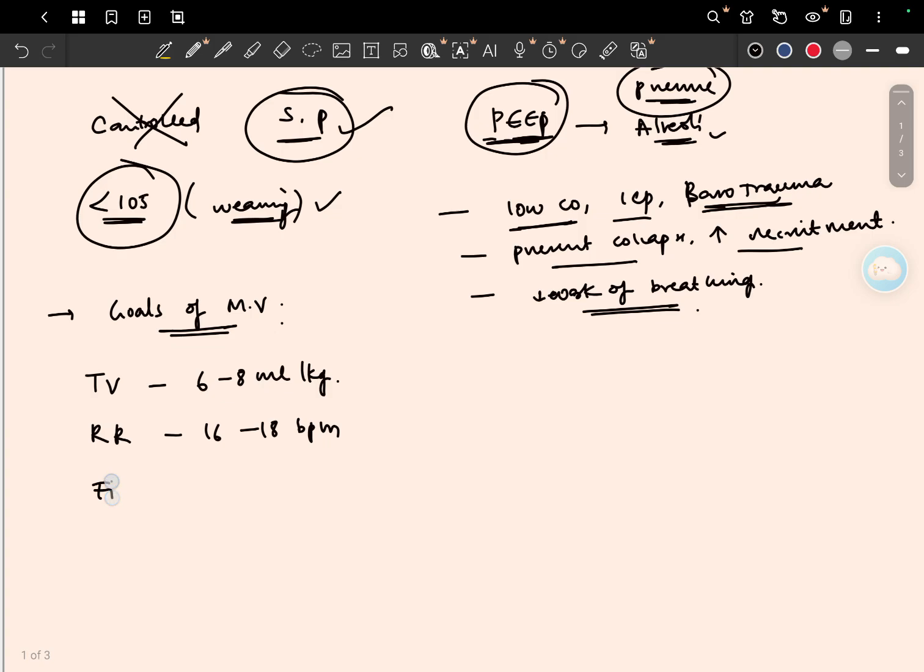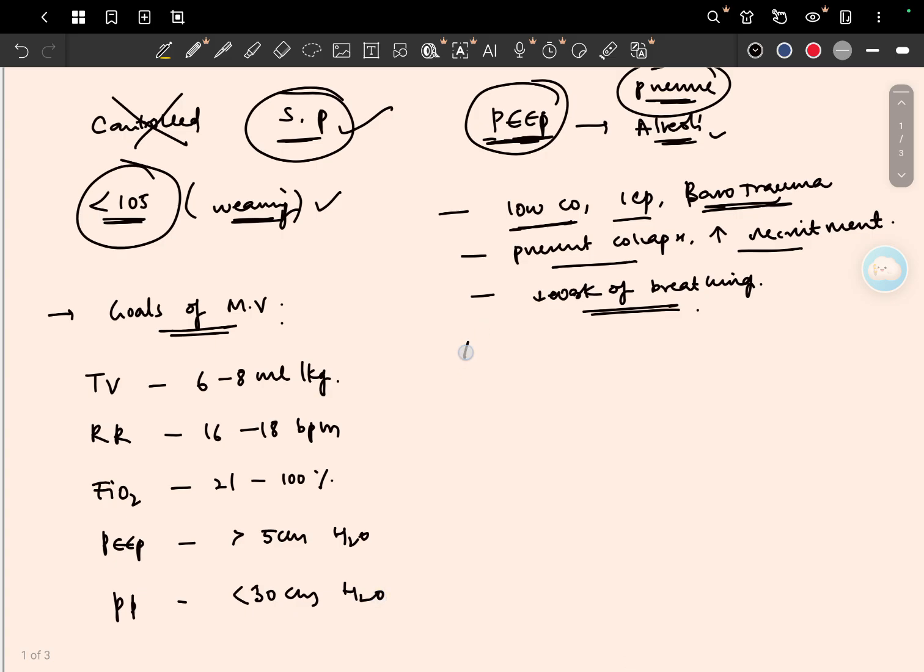Then FiO2 should be 21 to 100%, PEEP has to be greater than 5 centimeter H2O, and plateau pressure less than 30 centimeter H2O.